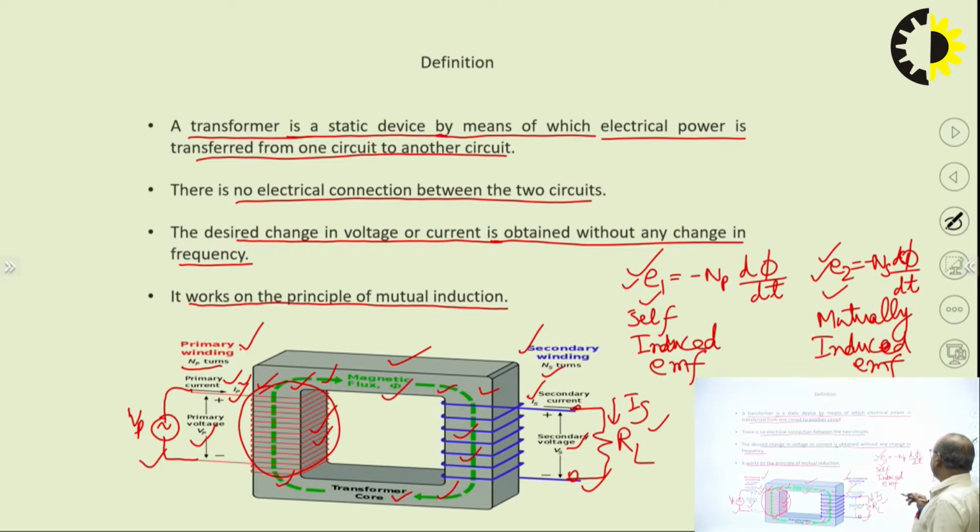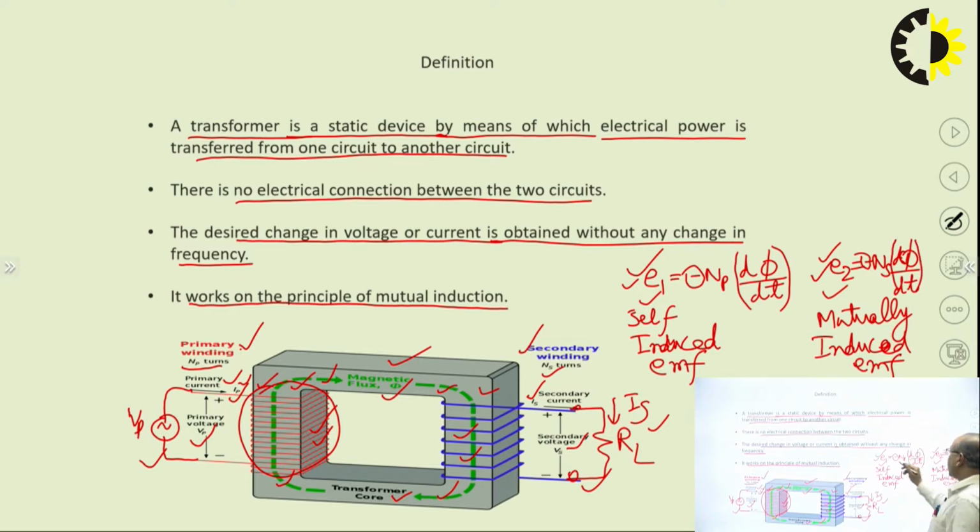Now, another important thing, what is this minus sign here, and similarly here? This is as per Lenz law. Lenz law tells us that the induced EMF opposes the very cause which is responsible for inducing this EMF. That means here, the change in flux is responsible for inducing the EMF on the primary and secondary side.